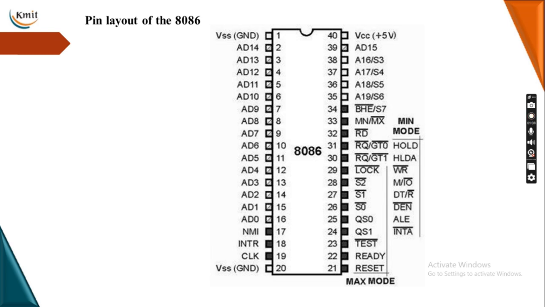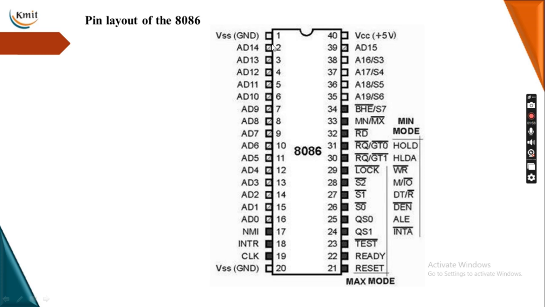Before going into detail about the minimum mode system and the maximum mode system, this is the pin configuration of 8086. As you all know, it is a 40 pin IC.